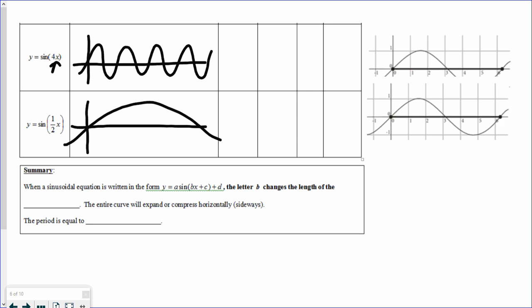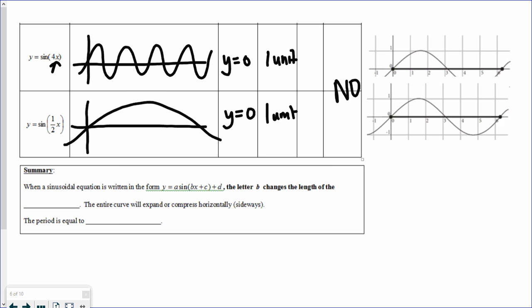So our characteristics, again, our midline is still y equals 0 for both of these. Our amplitude is still only 1 unit above or below the median line. Still no horizontal shift in either of them.